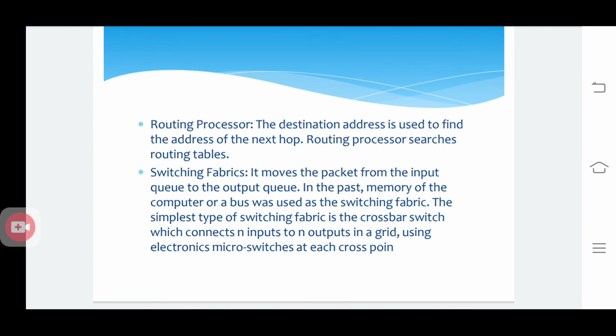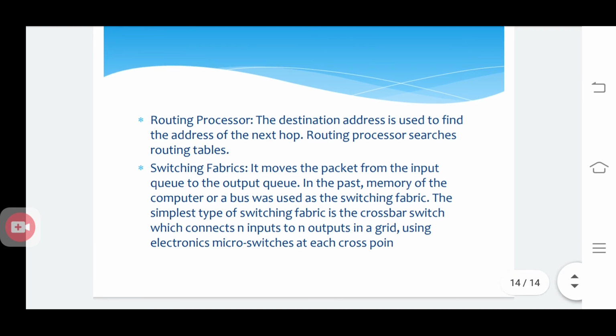In the past, the memory of the computer or a bus was used as a switching fabric. The simplest type of switching fabric is the crossbar switch, which connects n inputs to n outputs in a grid using electronic micro switches at each cross point. So these are the components of a packet switch: input ports, output ports, switching fabric, and routing processor. Okay, thank you.